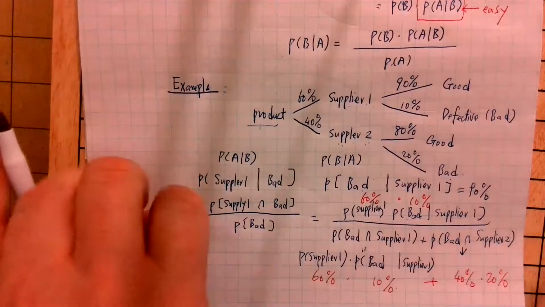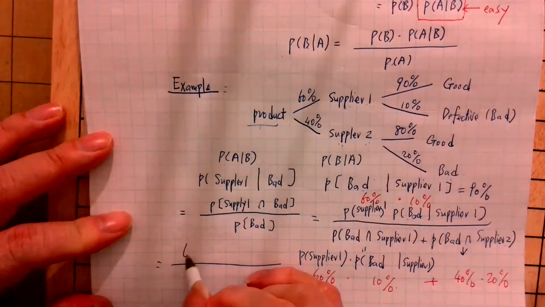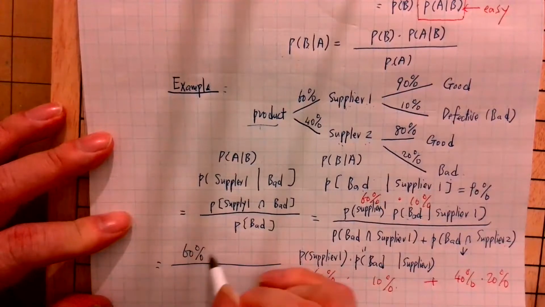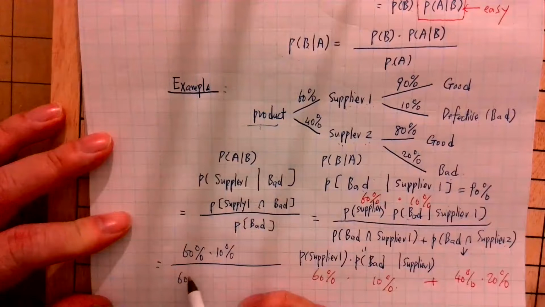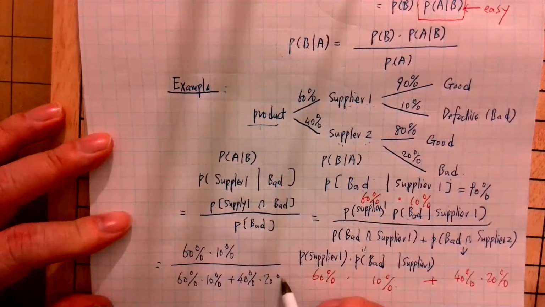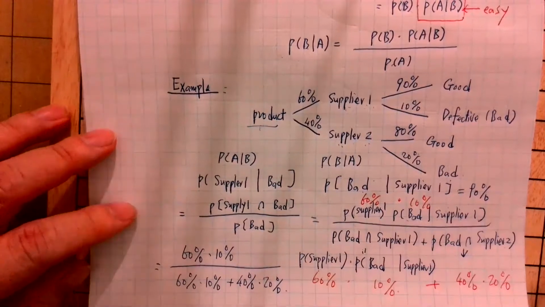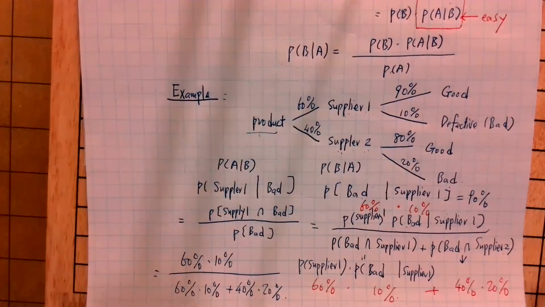So the answer is 60% times 10%, over 60% times 10% plus 40% times 20%. Okay? And you can find the answer yourself. Okay?